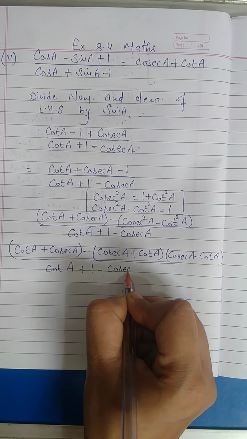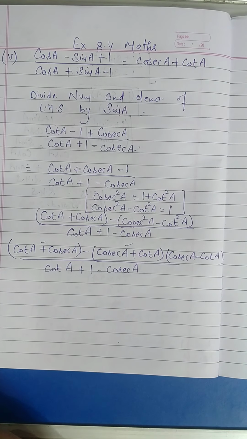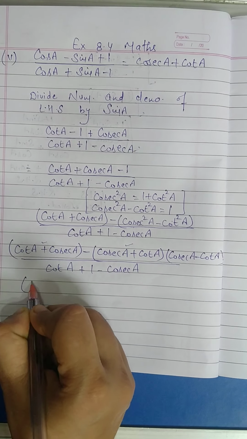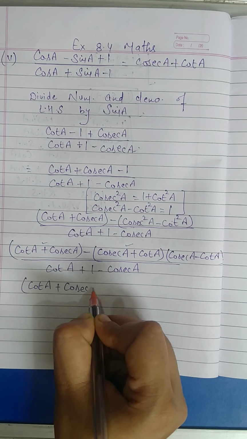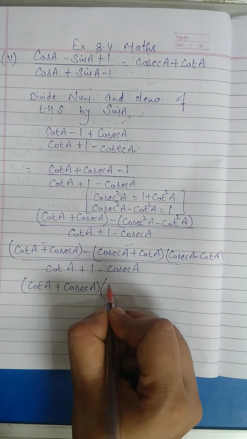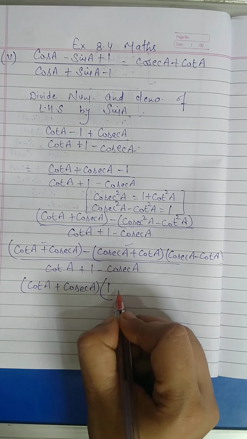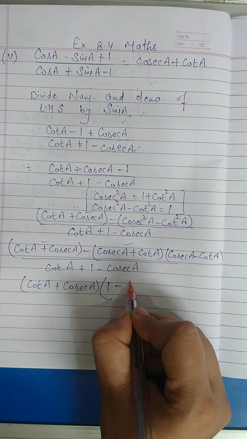Now when we check the numerator, we are having a common factor. That common factor we can take common. Now what is left? When we take this common factor out, 1 is left, minus this bracket we have taken as common.